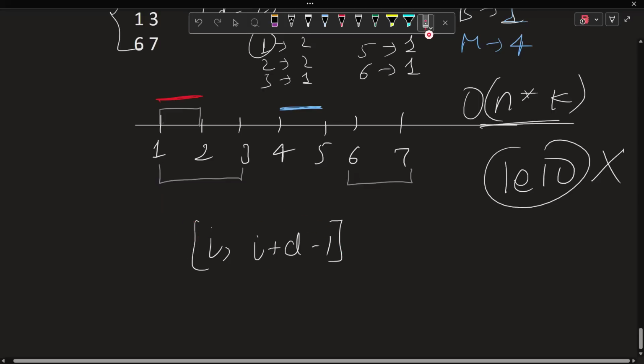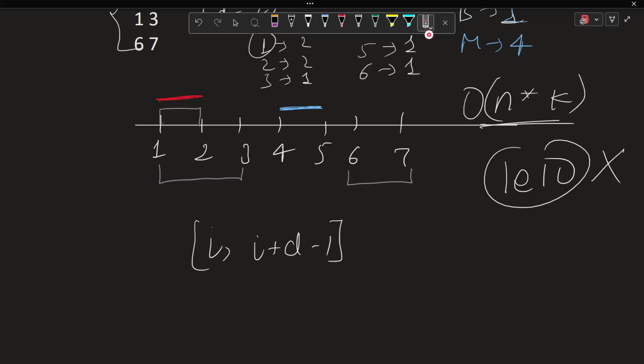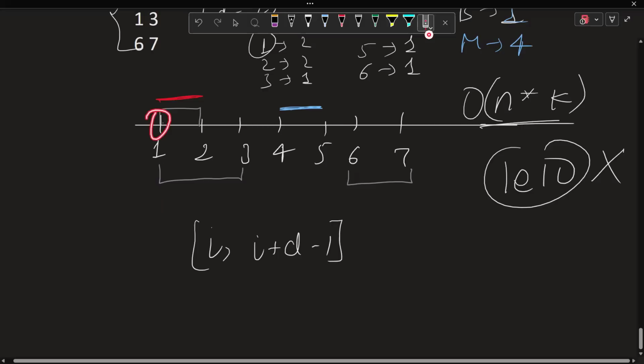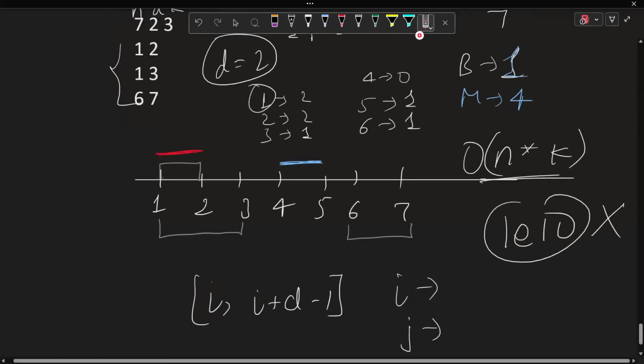We would use a kind of two-pointer approach. One, i, represents the day on which we are checking. And then for j, we can keep a pointer to traverse through this array.